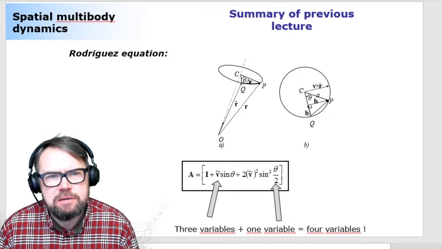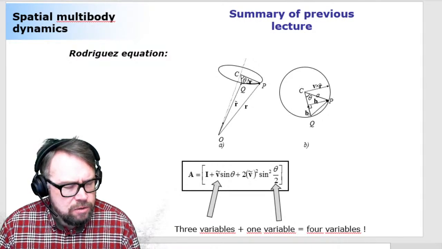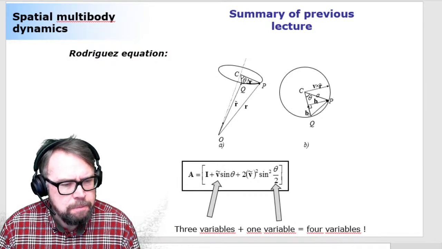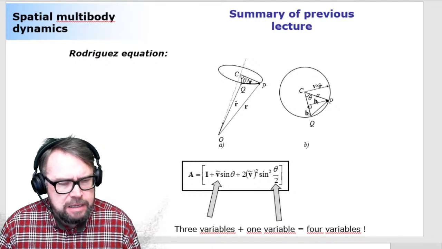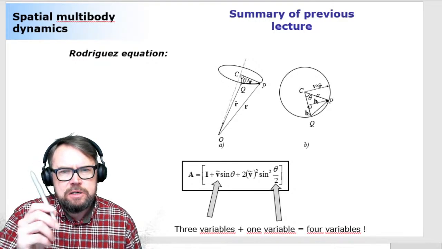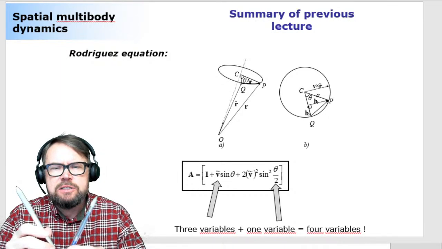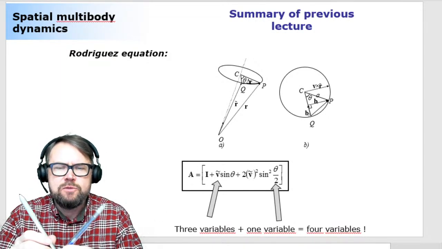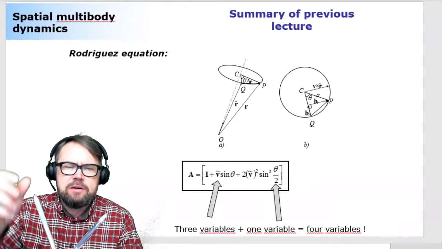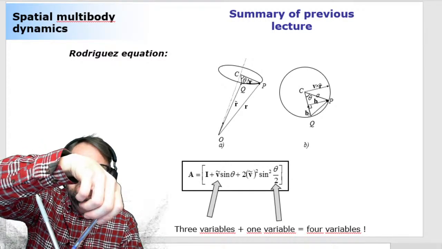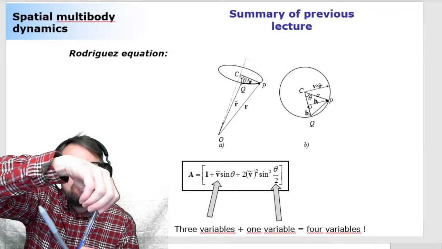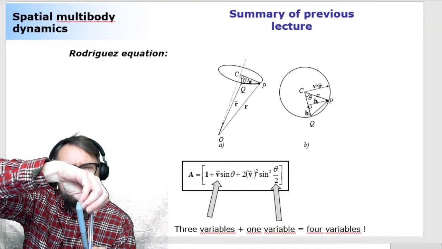Now, how is it in the case of Rodriguez equation? Well, Rodriguez equation is based on the concept that you take your original vector and you attach a unit size vector v to your original vector. And then you take hold of your unit size vector v, and you introduce the rotation that is amount of theta.